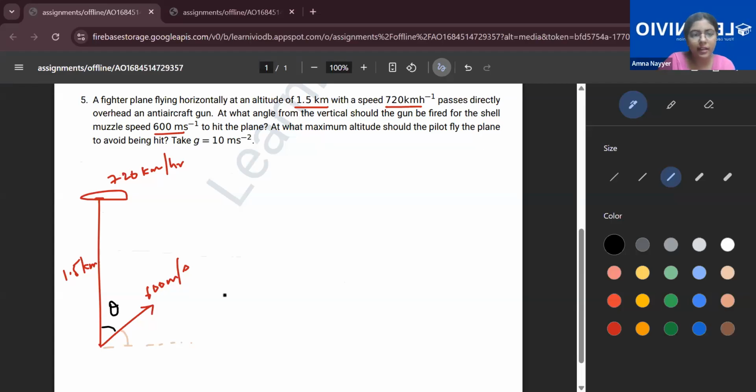So see here, when the bullet hits the plane, both of them will travel the same distance. Whatever distance the plane comes, let's say it is coming here till this point, and this is coming here. This is a particular point where both of these will coincide, right? Then only it will be able to hit it.